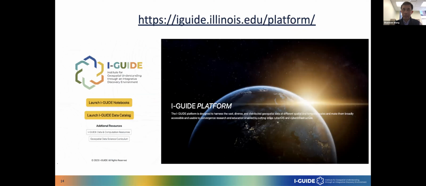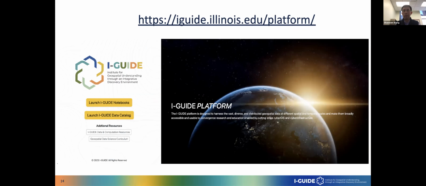So we have a prototype ready for the community to work with. If you go to this URL, you get to the same page pictured here, and we have multiple scientific workflows represented as Jupyter notebooks.